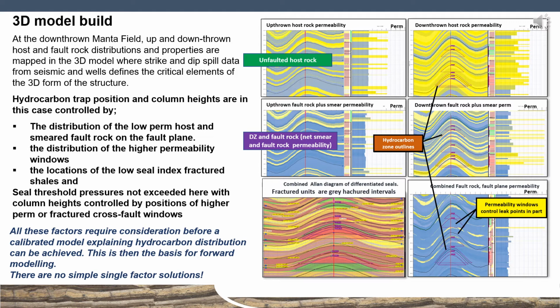The key conclusion here is that it's not one single factor that is controlling the sealing and leaking. It's a multiple set of factors, and all this work needs to be done before we can firstly explain the hydrocarbon distribution, and then go forward from there to look at flow models in this setting.